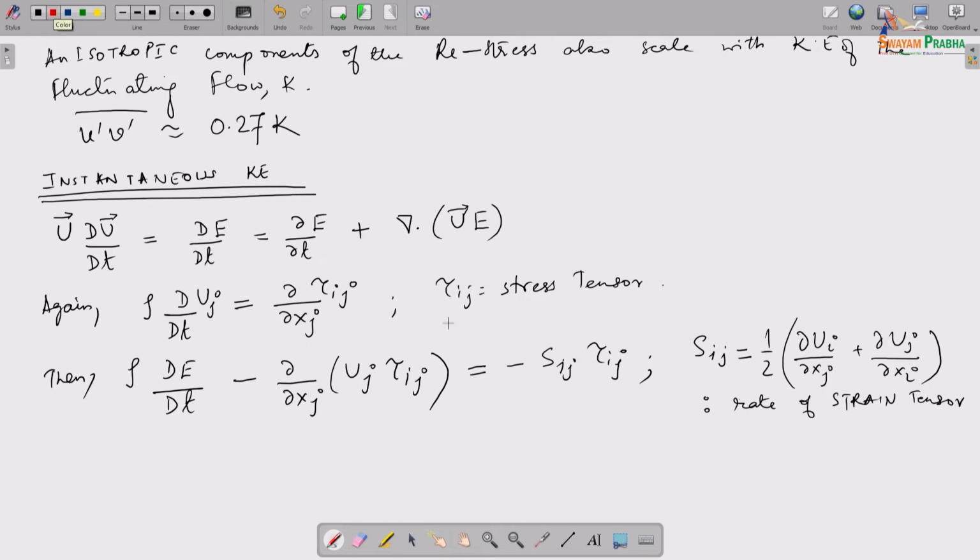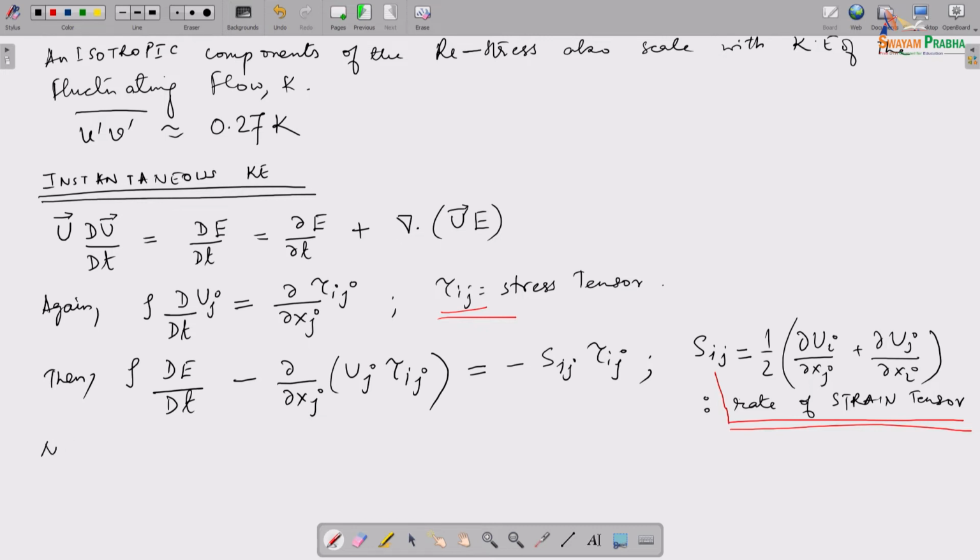Okay. So tau of course is a stress tensor and S is essentially the rate of strain tensor.